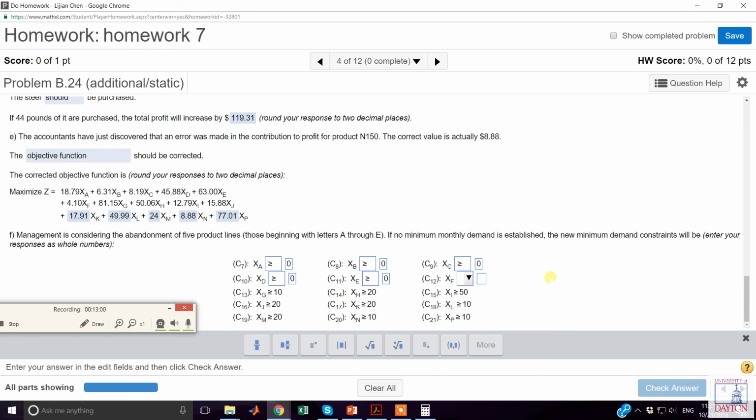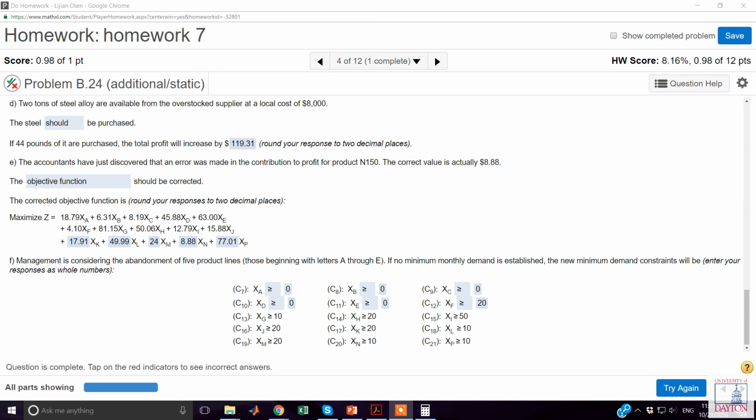Now, consider the abandonment of these lines. So here's the deal. We have to be careful on A, B, C, D, E. We cannot set them directly equal to 0 because that basically dictates to the model what it should do. It may be the model will find a certain amount of production of XB, D, or E makes new profit for the company, so we cannot rule out such a possibility.